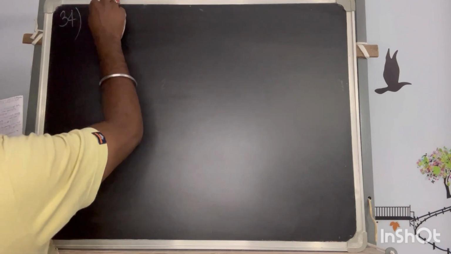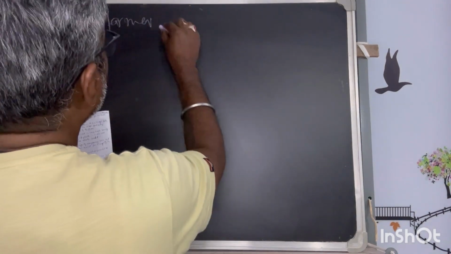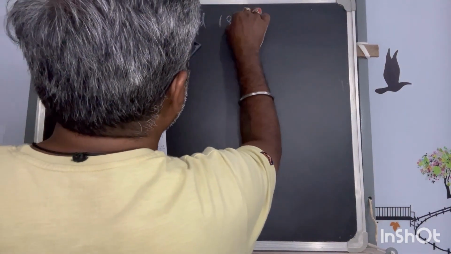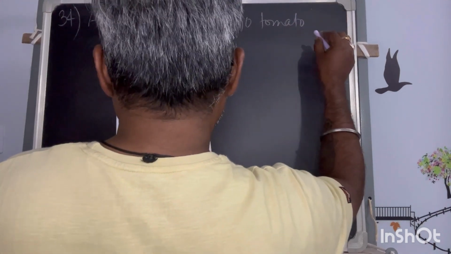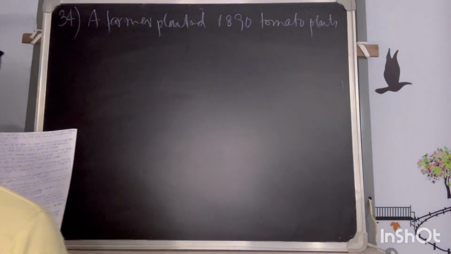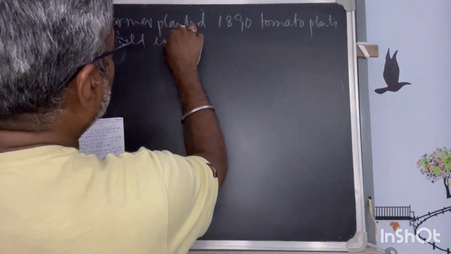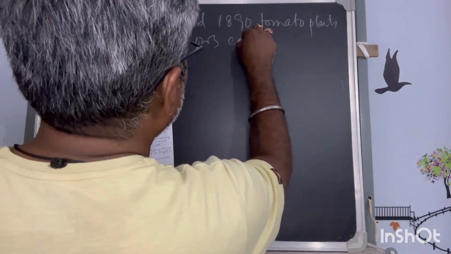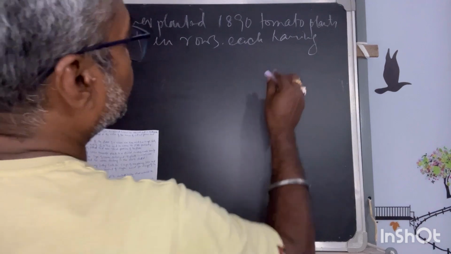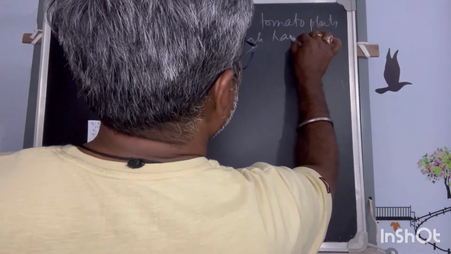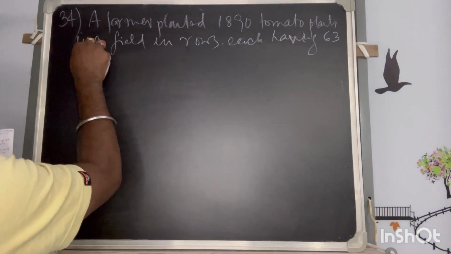A farmer planted 1890 tomato plants in a field in rows, each having 63 plants.